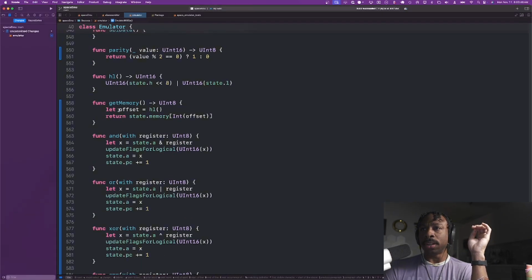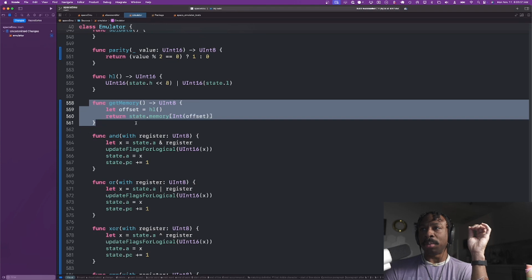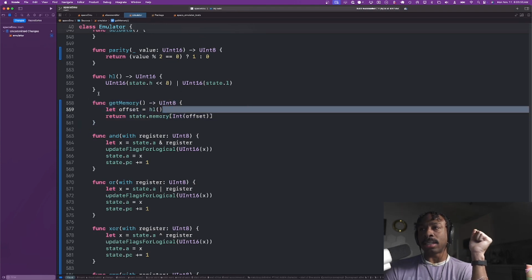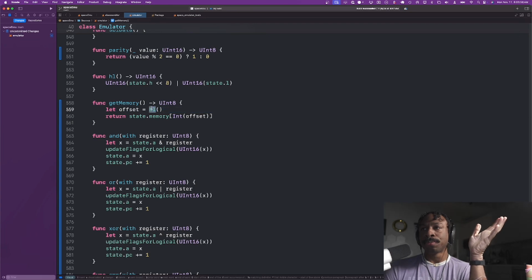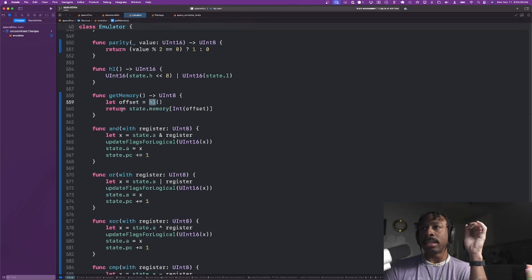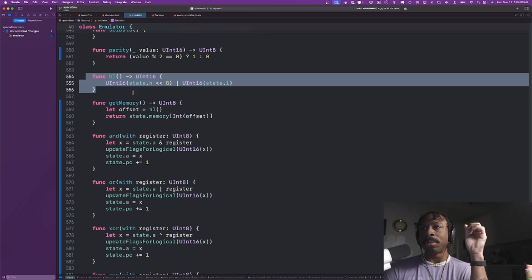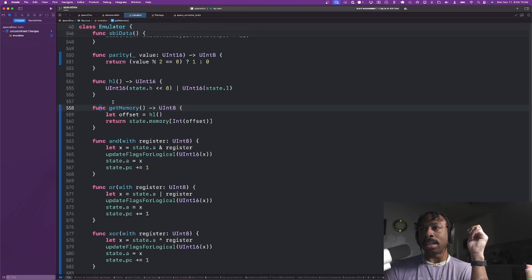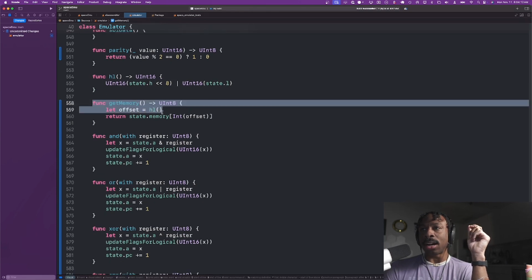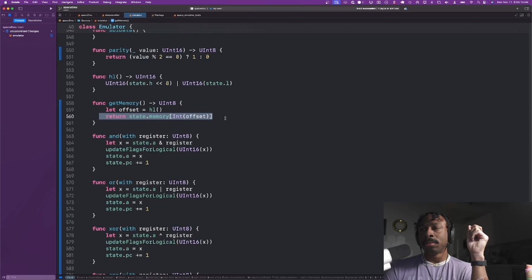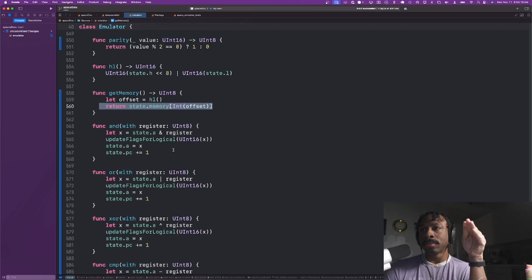I created a helper function for getting the memory address to operate on, because I noticed I was grabbing that a lot. That is just the contents of the H register and the L register appended to each other. So I have a helper function for getting that, and then after getting that offset, grabbing the chunk of memory at that offset.